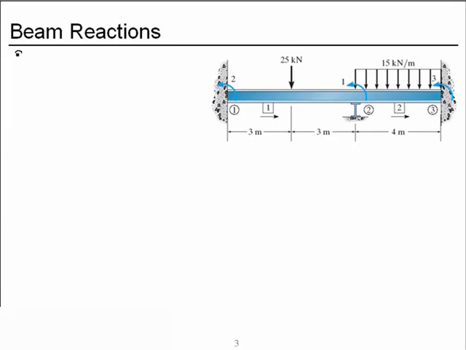Now step 1. Approximate the answer. If we take a look first at member 1, it sort of resembles this situation.